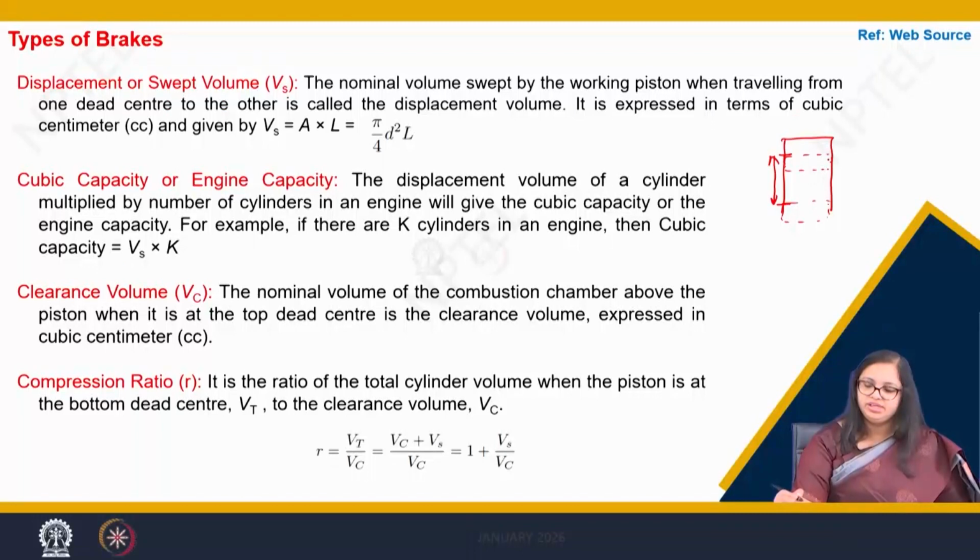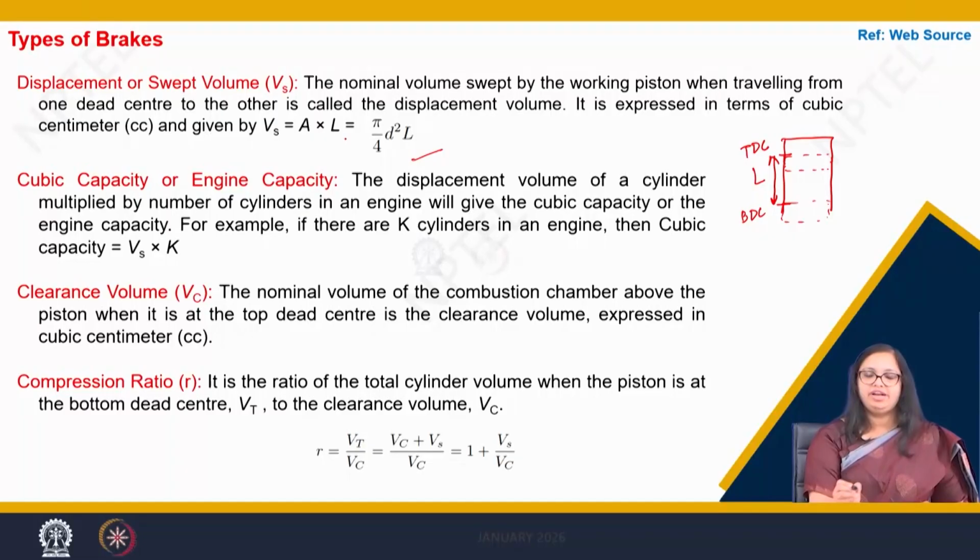So, when we talk about this volume of the cylinder, we call it the swept volume or the displacement volume, in which my piston can move from one point, that is the bottom dead center, to the top dead center, which is given by area of the piston multiplied with length, which is pi by 4 d square L.